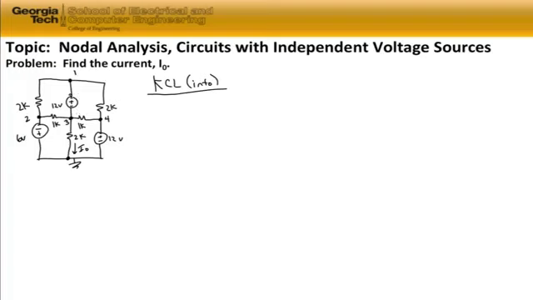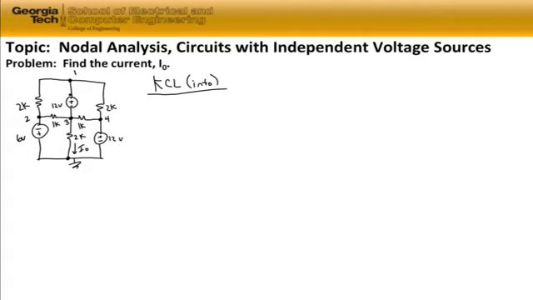So if we were to write an equation about that node, we'd have to introduce an additional unknown current. Let's call it I 12 volt, because we don't know the current that's flowing up through the 12 volt, and we cannot identify it without introducing an additional variable.